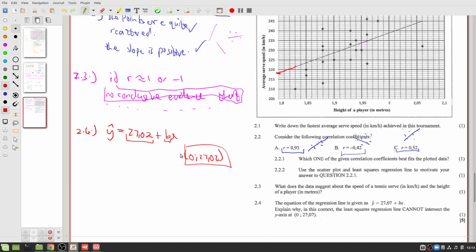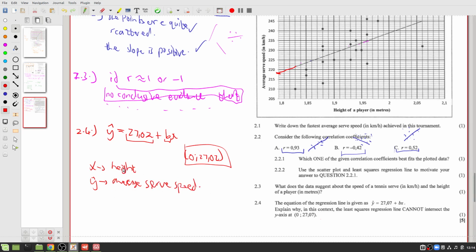The x values are the height of the player, and the y hat values are the average serve speed. So why can x not be 0?